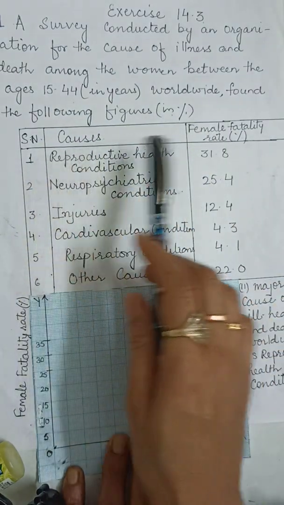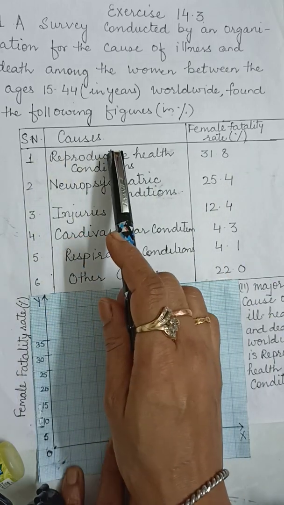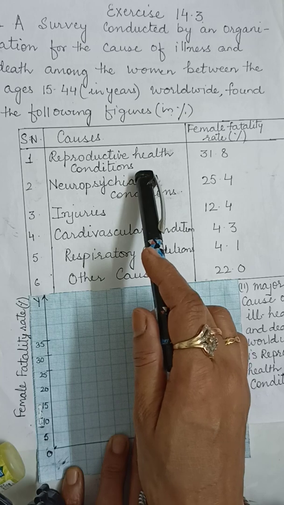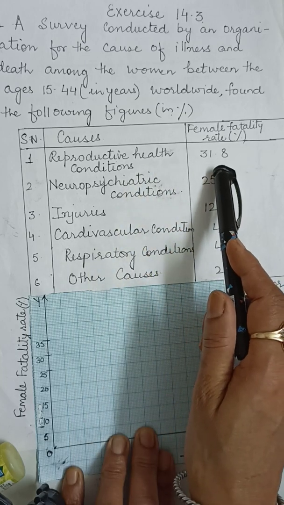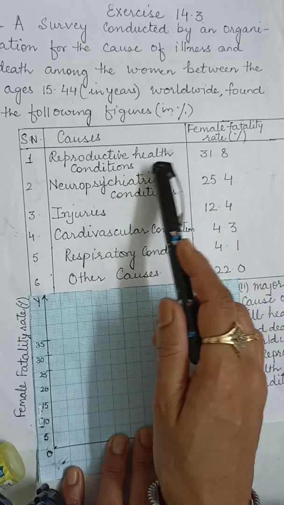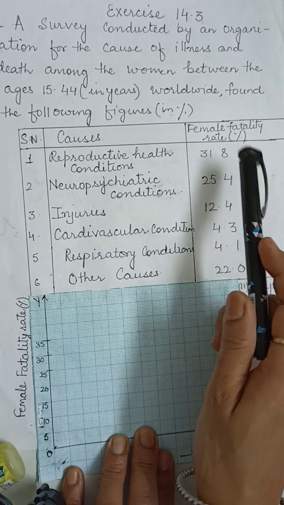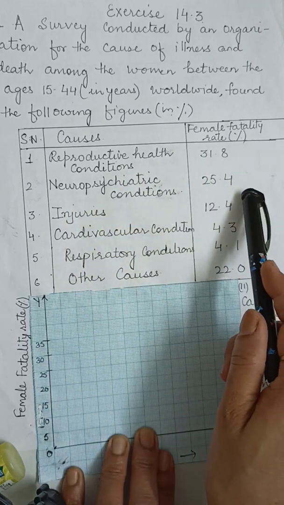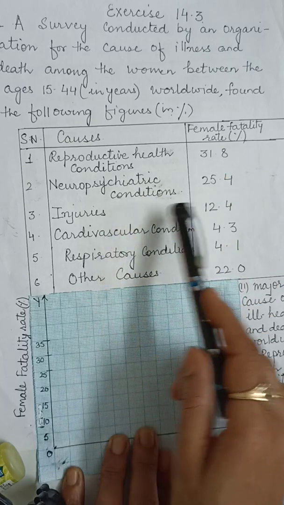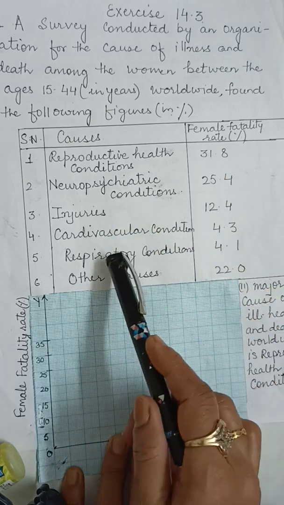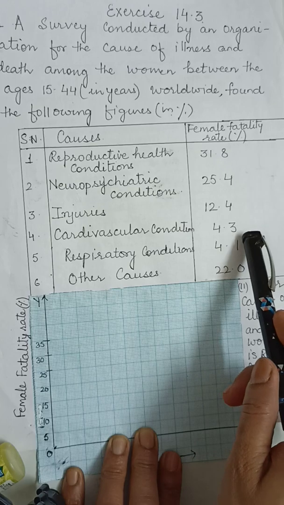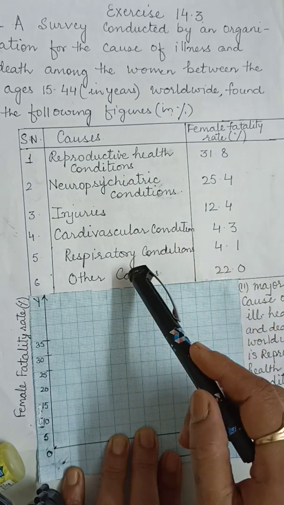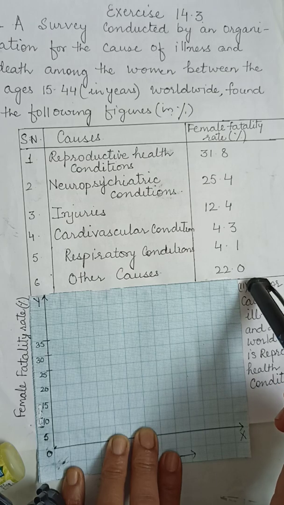This is the given table: causes and female fertility rate. Reproductive health conditions is the maximum at 31.8. Neuropsychiatric condition 25.4. Injuries 12.4. Cardiovascular condition 4.3. Respiratory conditions 4.1 and other causes 22.